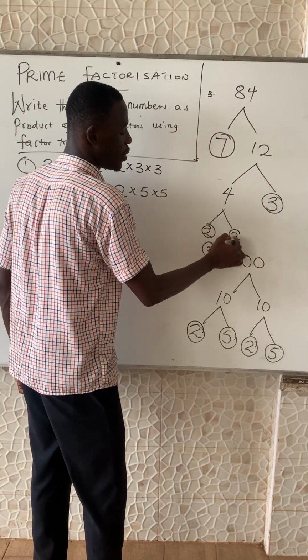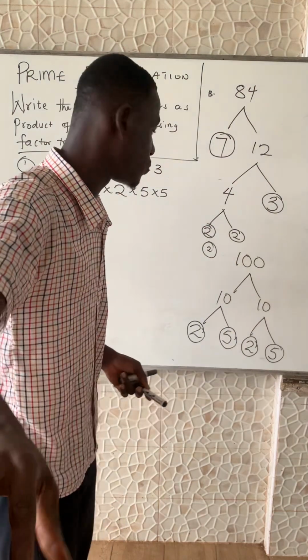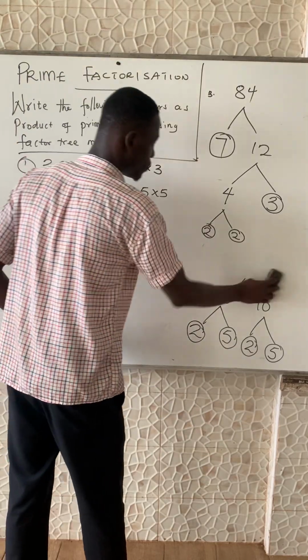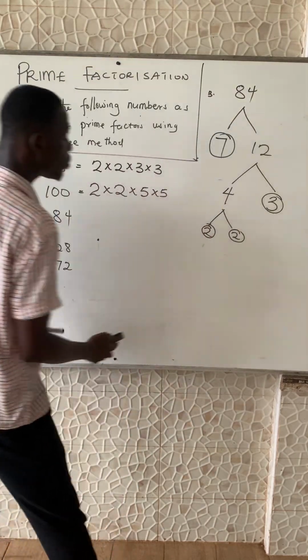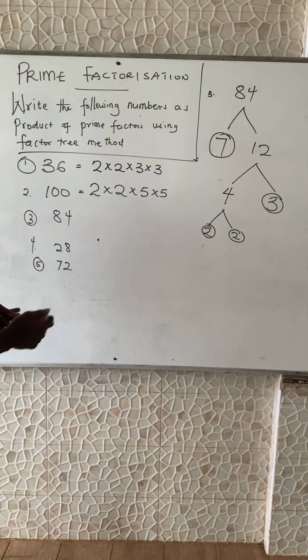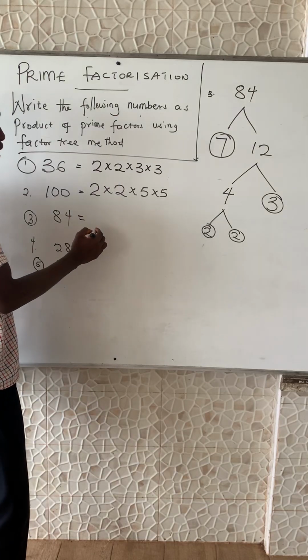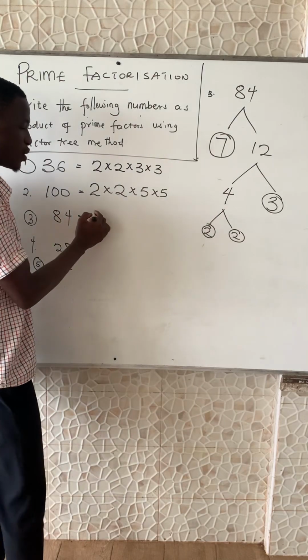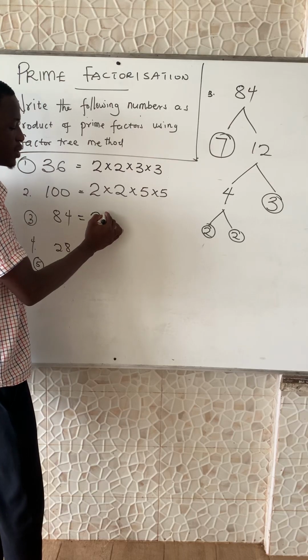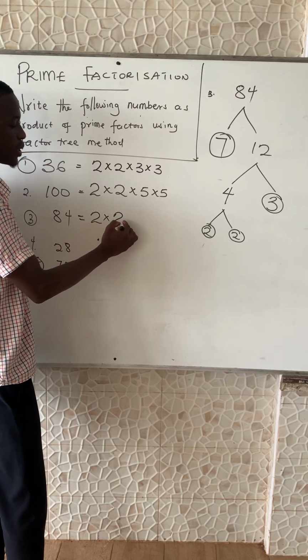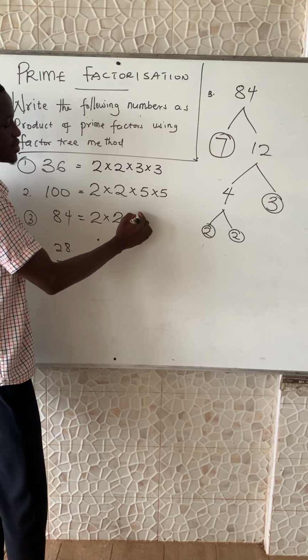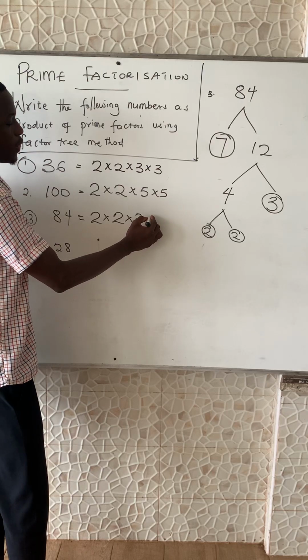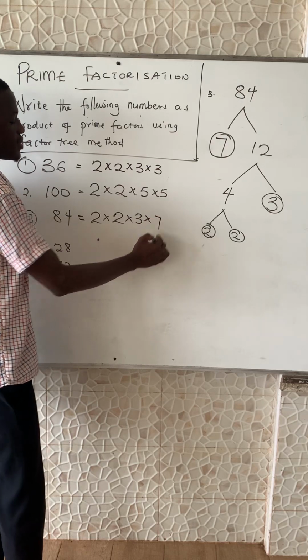And 2 is a prime number, 2 is also a prime number. So for 84, our prime numbers are 2 times 2 times 3 times 7.